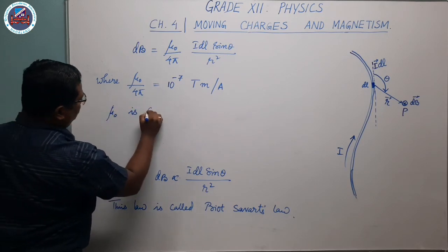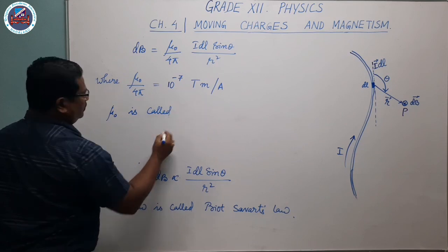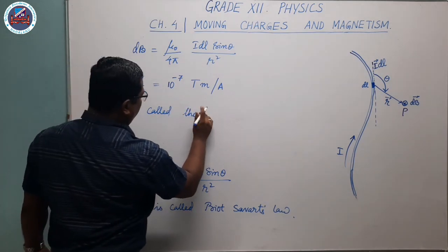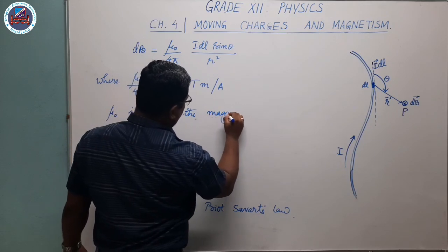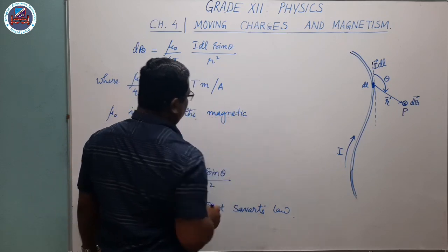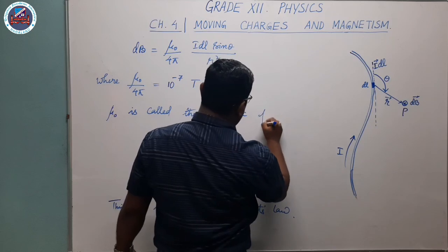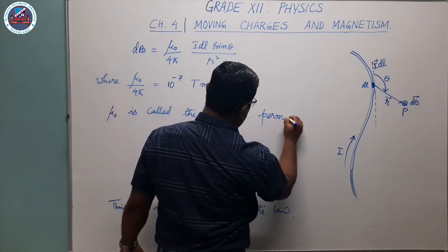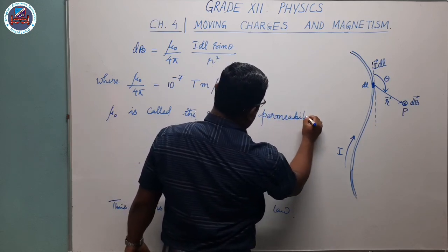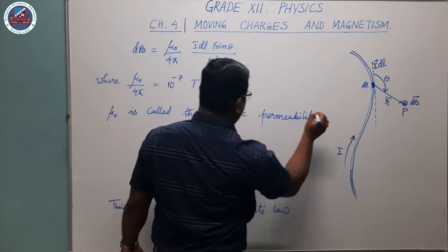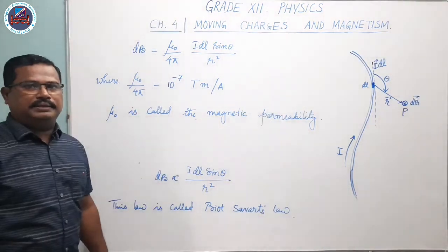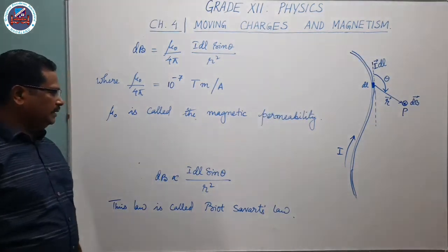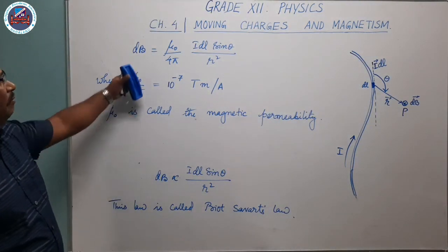is called the magnetic permeability, like your electrical permittivity was there, epsilon naught, and this law is given in a vacuum.